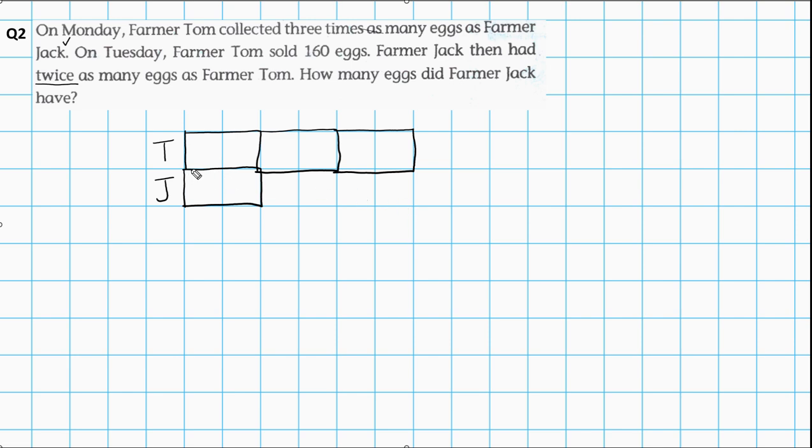This must be twice as much as what Tom has, which means, and I'll use another color, that Tom now has this amount, which is half of this. And that means he must have sold all of these.